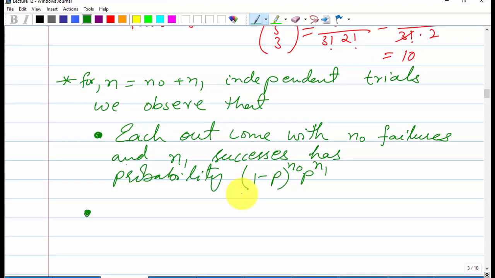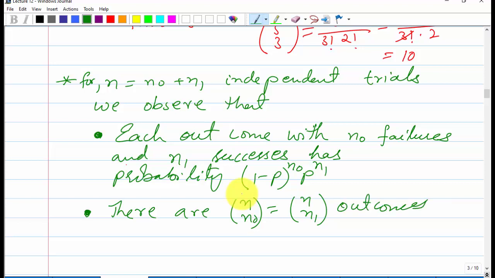The second point we can infer is that there are n choose n naught, which is essentially equal to n choose n1, outcomes with n naught failures and n1 successes.